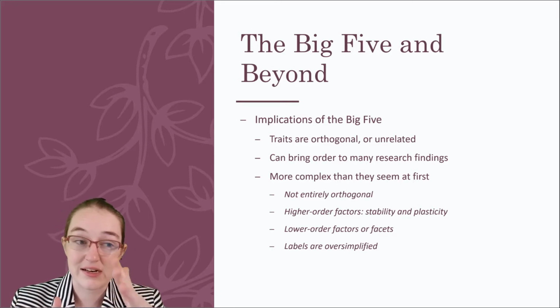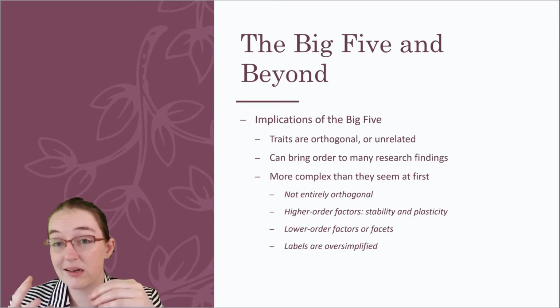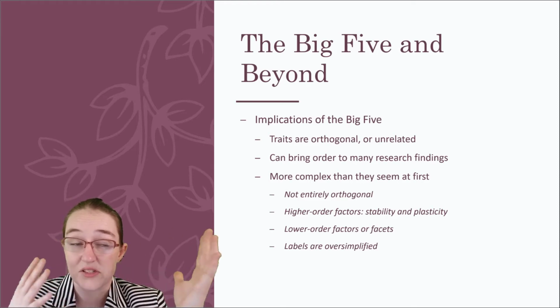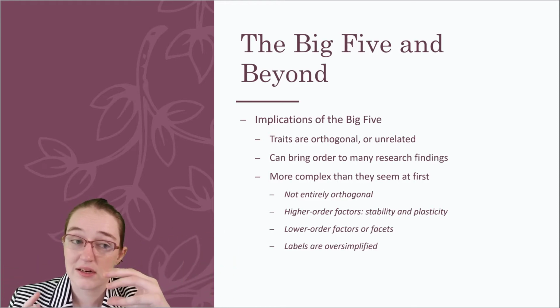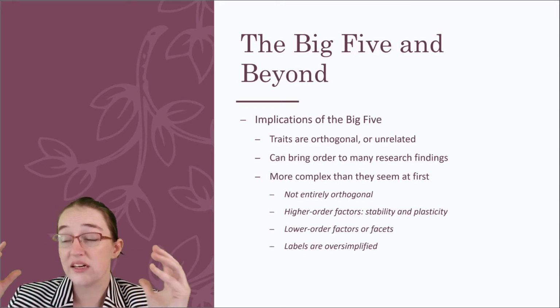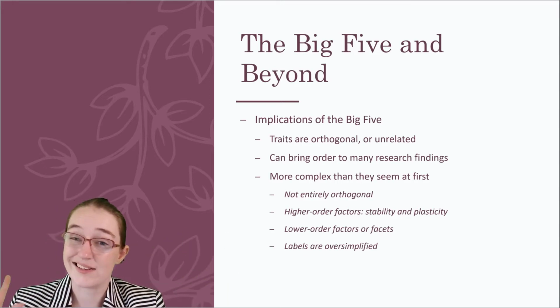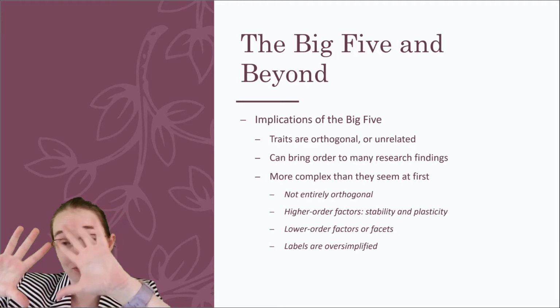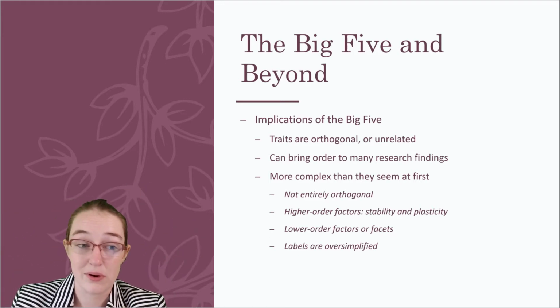So people high on honesty are also going to be high on humility, but you wouldn't know that unless you put them all within this big framework. So it can really connect a lot of ideas together and give us close to an orienting framework.